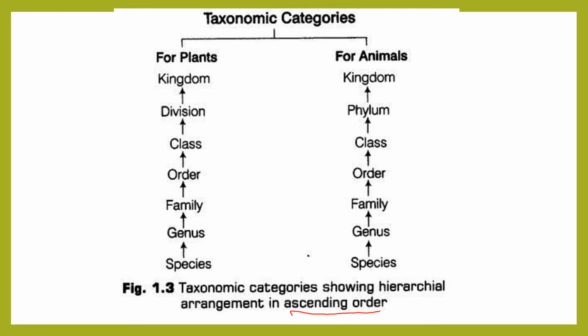That means you are going from species, then comes genus, then family, order, class, division, and then kingdom. When you talk about animals, species, genus, family, order, class, then division is replaced by phylum. So in animals, you have phylum. In plants, you have division. And then the largest category is the kingdom.